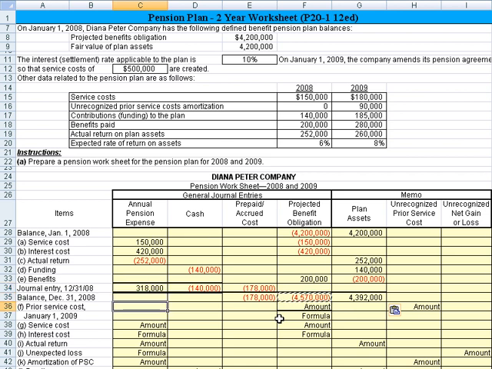All right, now let's take a look at the prior service cost, which is adjustment F. Up here it says, on January 1st, 2009, the company amends its pension agreement so that prior service costs of $500,000 are created. And we need to show that increase of the new service costs on our projected benefit.